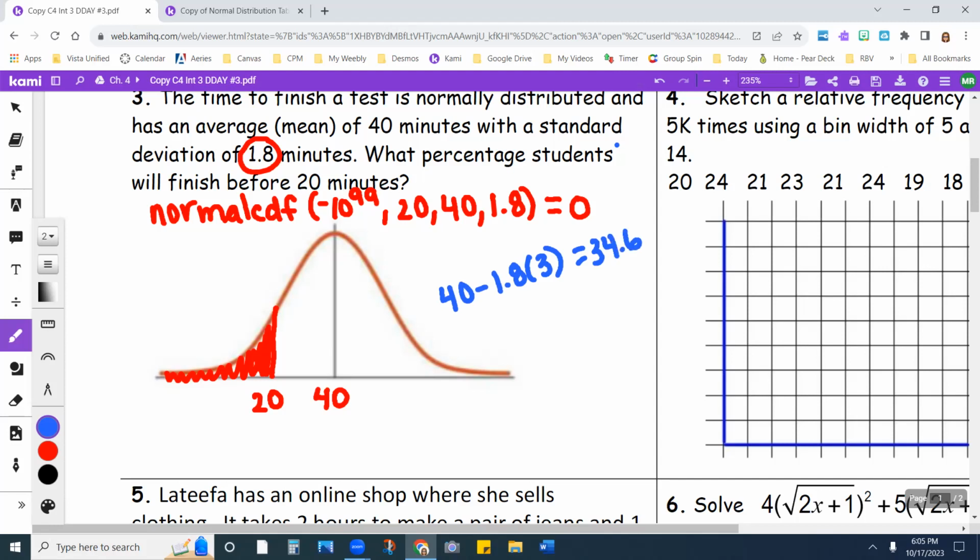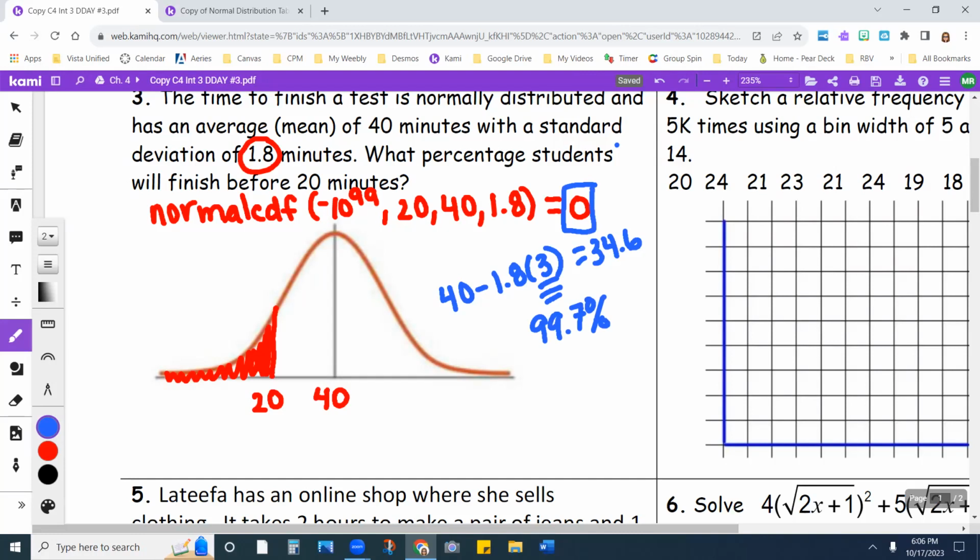So that would be 3 deviations below the mean. Now I didn't draw this really to scale, but when I go out 3 deviations, in both directions I should be at 99.7% of it. So 20 is way far out. That would be like a huge outlier.